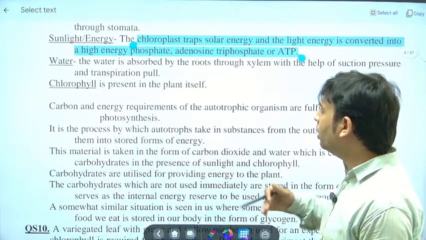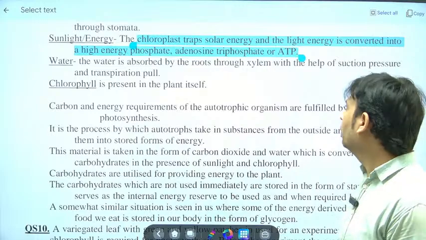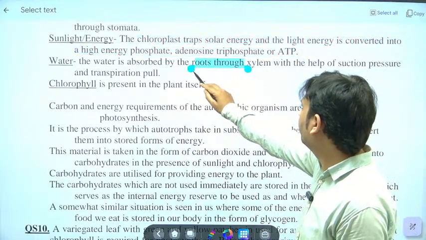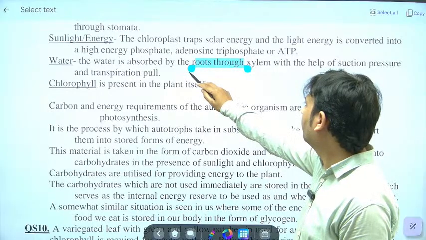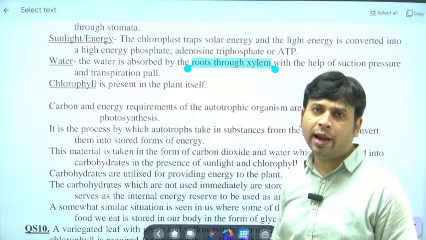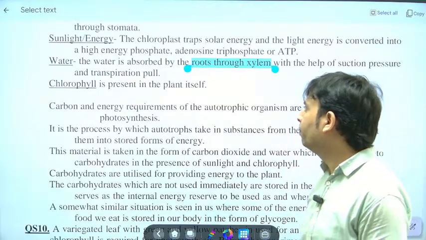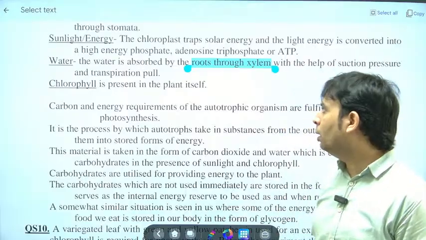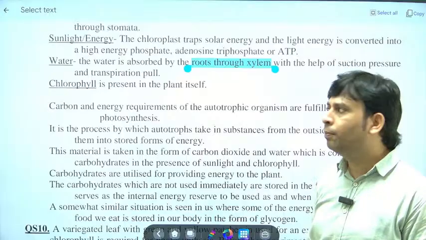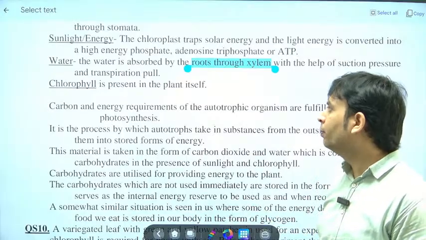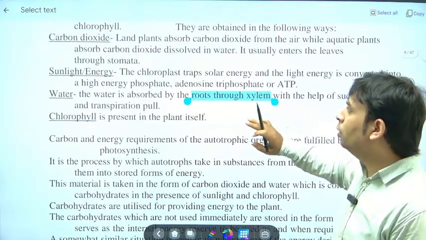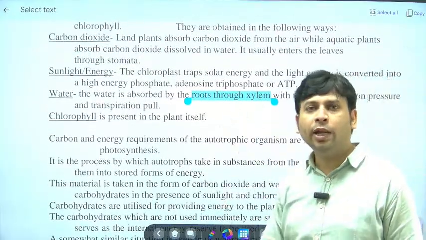Water is absorbed by the roots and transported through the xylem by the process of suction and transpiration pull. And chlorophyll is already present in the leaf of the plant, in the chloroplast. So this is the answer of how the different things are obtained by the plant.